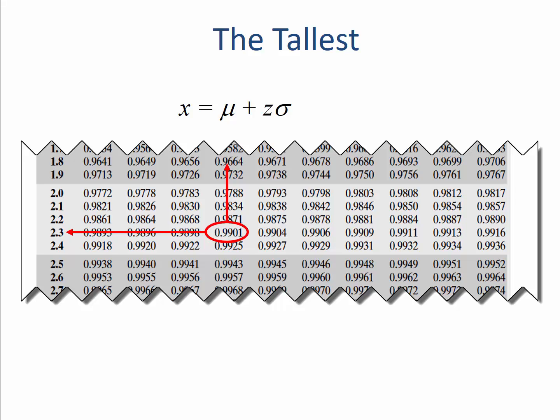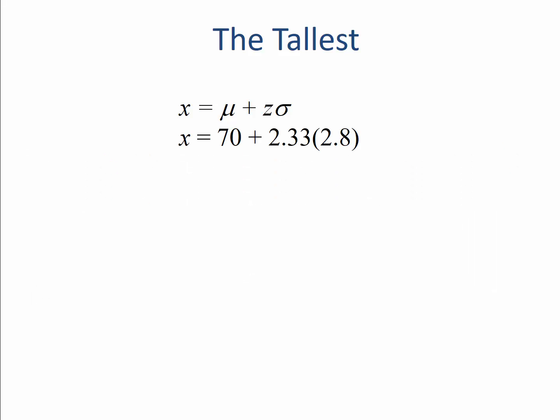So the z-score that corresponds to 0.9900 is 2.33. Substituting these values in, we have x equals 70 plus 2.33 times 2.8. We get x to be 76.524, and rounding this off to the nearest tenth, we have the height being 76.5.